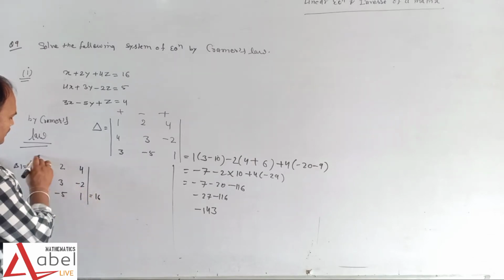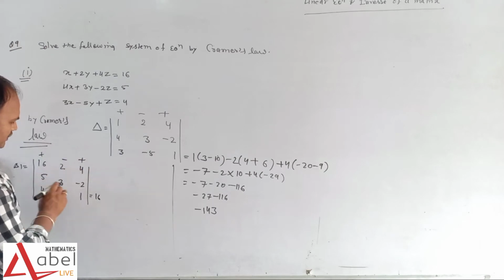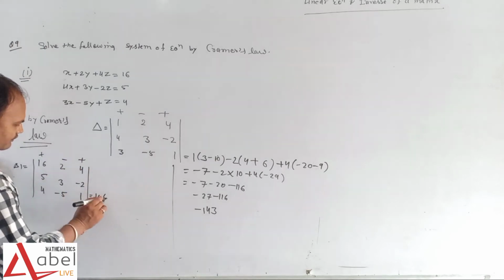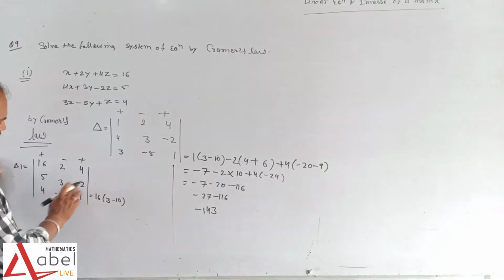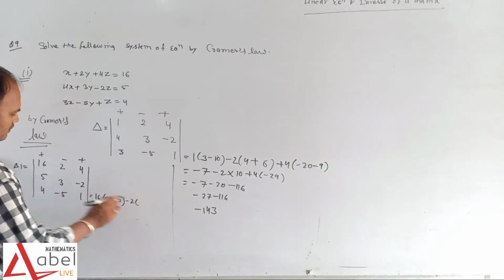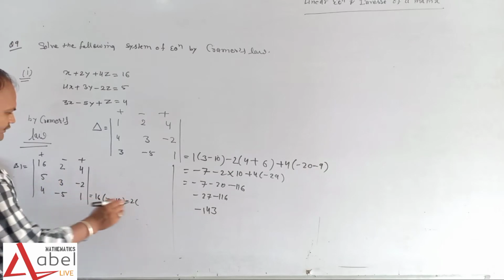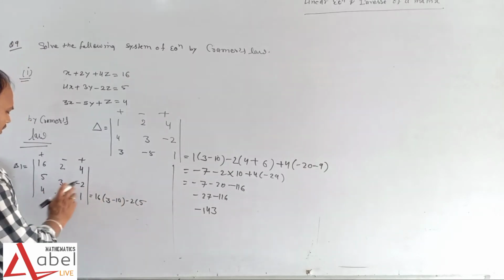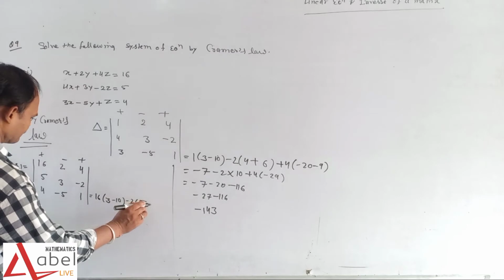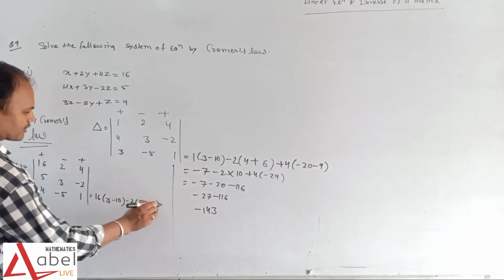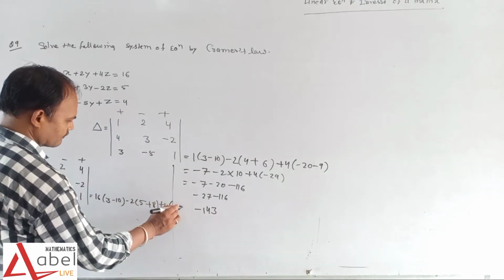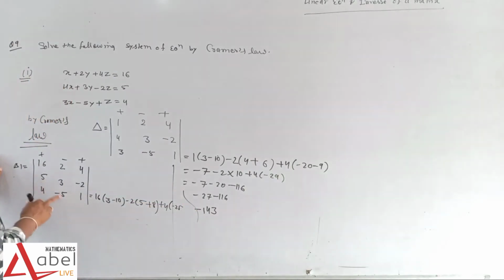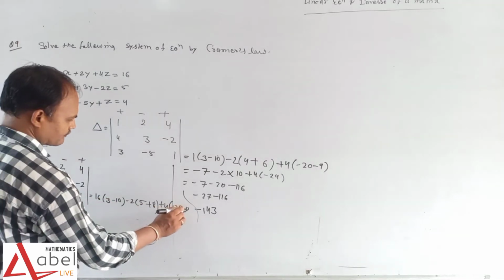So it is 16 plus minus plus 16, it is a minus, it is a 3, minus minus plus, it is a minus 10, it is a minus 2 and it is 5, 5 minus 8 means plus 8. What about here? It is a plus 4, so we can say that it is a minus 25, minus 25 and it is minus 12.